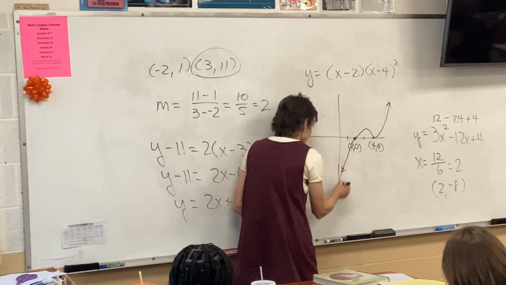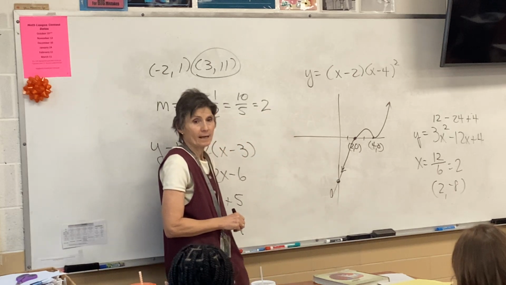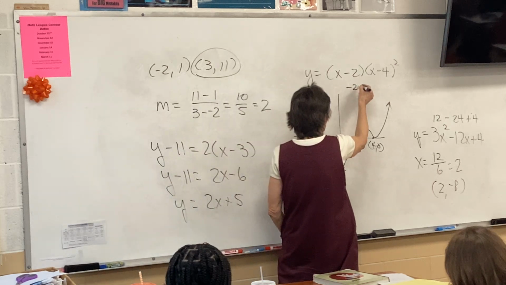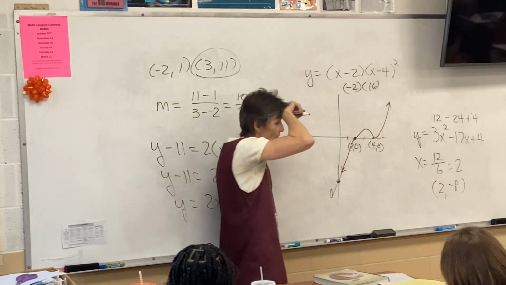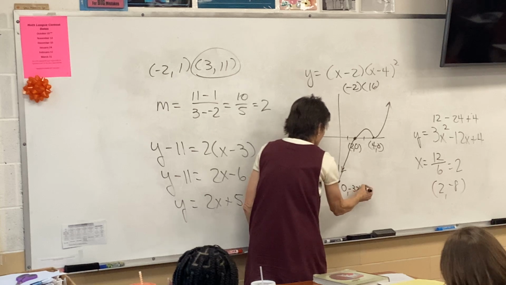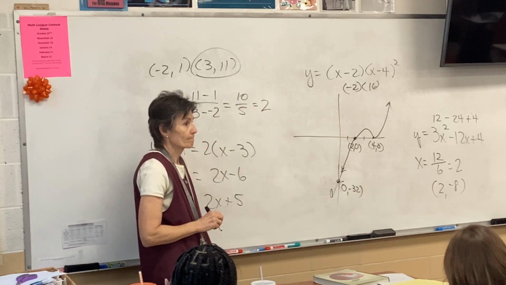How do I find a y-intercept? I let x be 0. So, negative 2 times 16, because it's squared. So where's my y-intercept? Down here at negative 32.